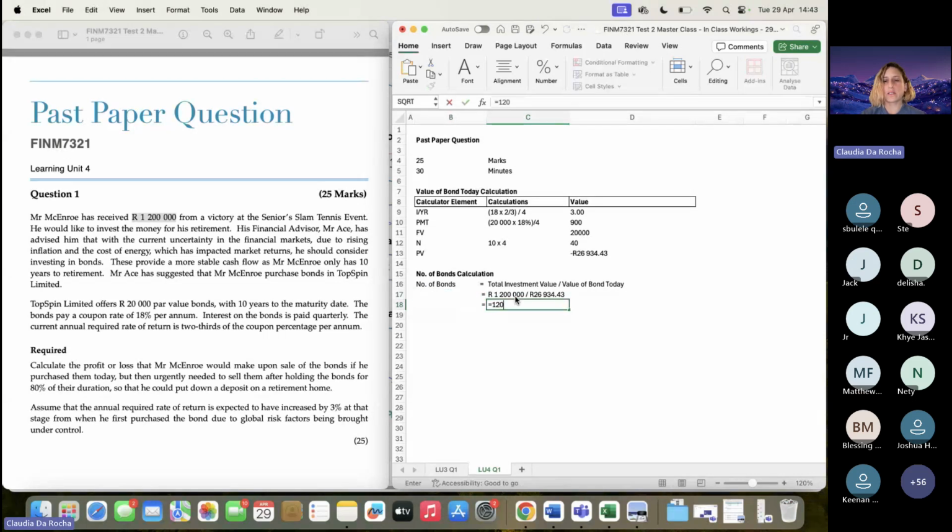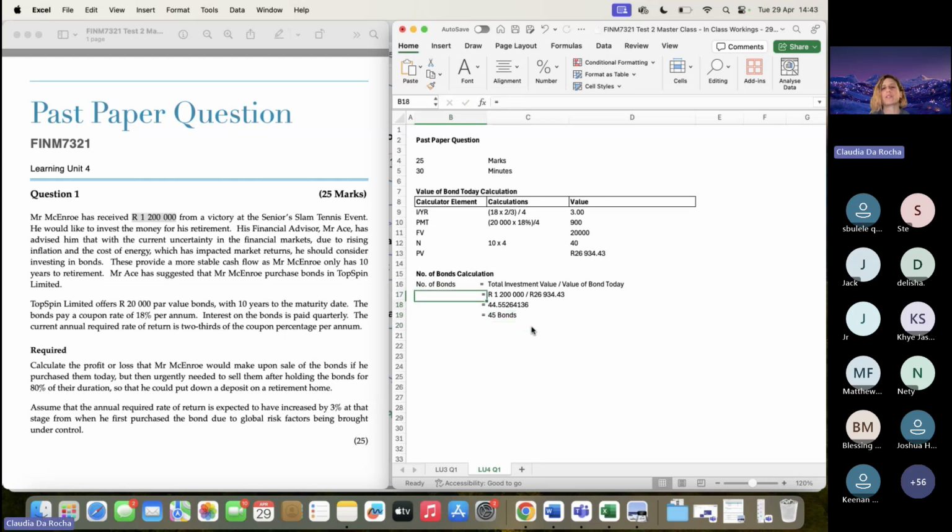So if I calculate it, I'm going to take out the negative for now. I get 44.55, which is basically 45 bonds.